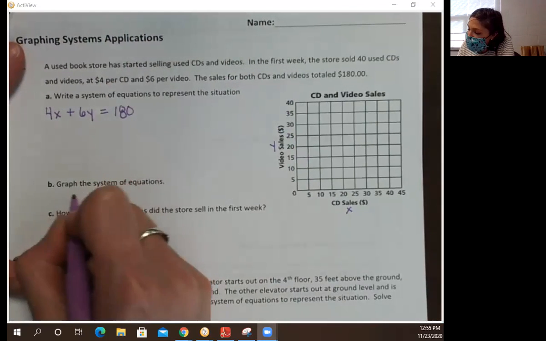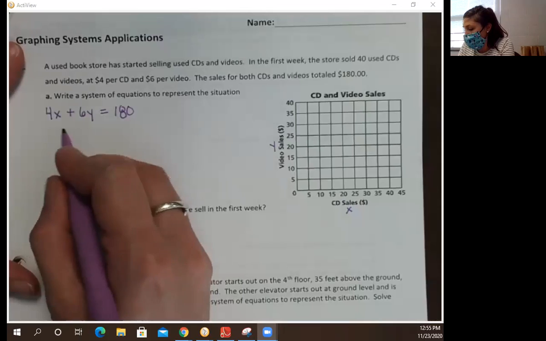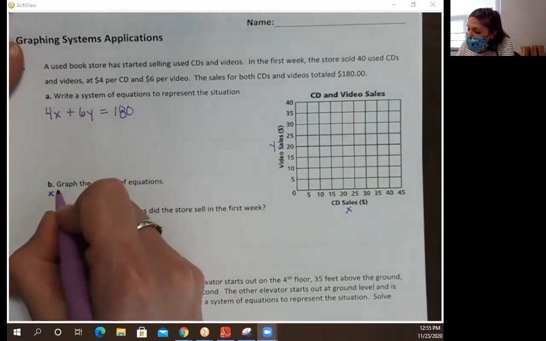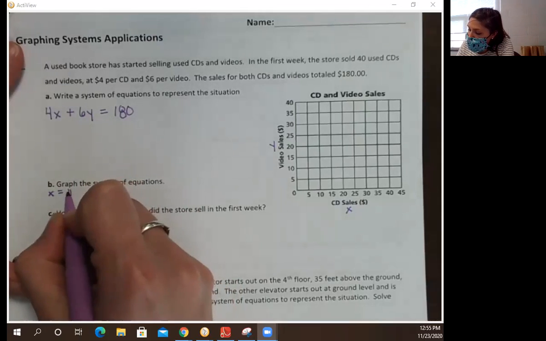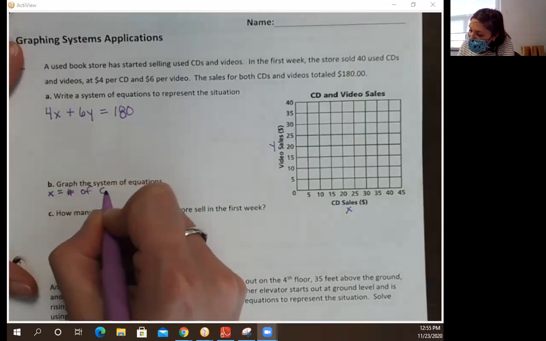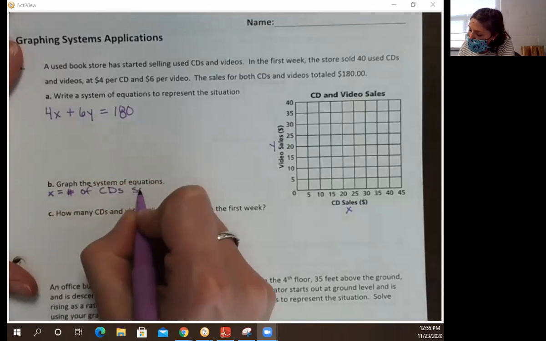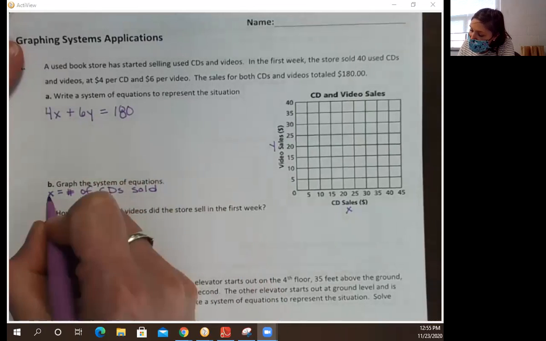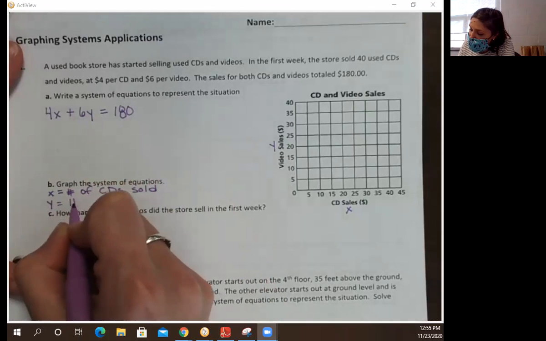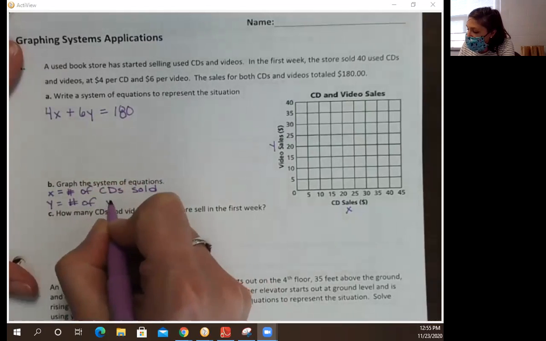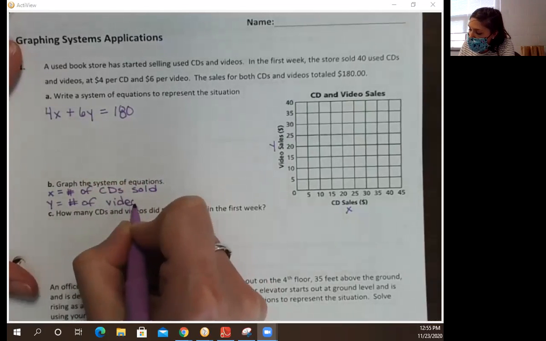And then I'm going to define my variables down here, just so I'm kind of out of the way of my equations. I'm letting x represent the number of CDs sold. And I'm letting y represent the number of videos sold.